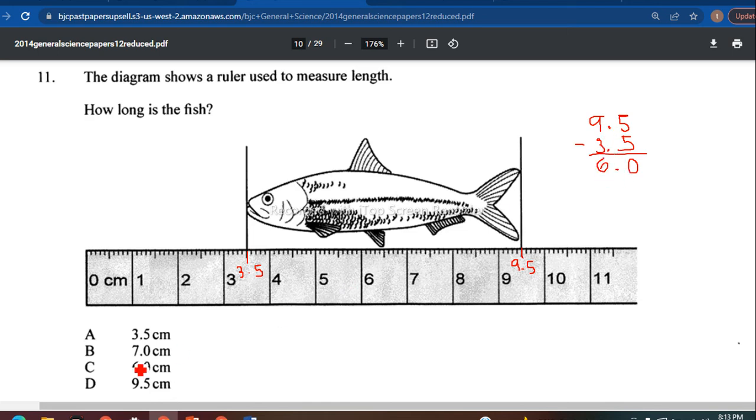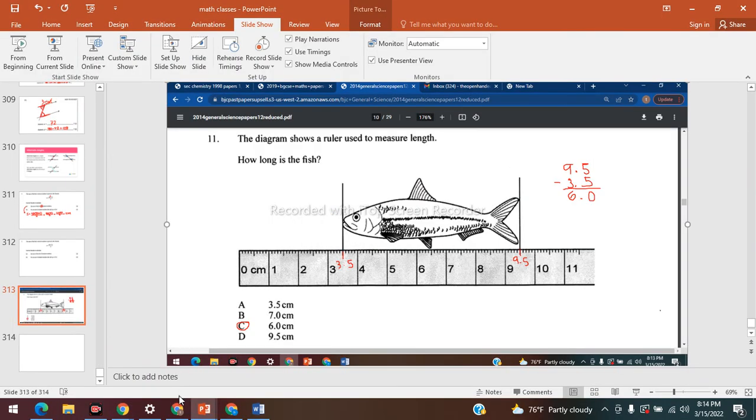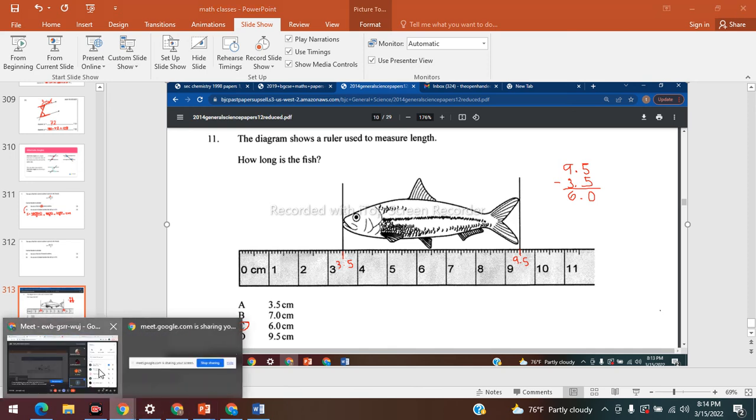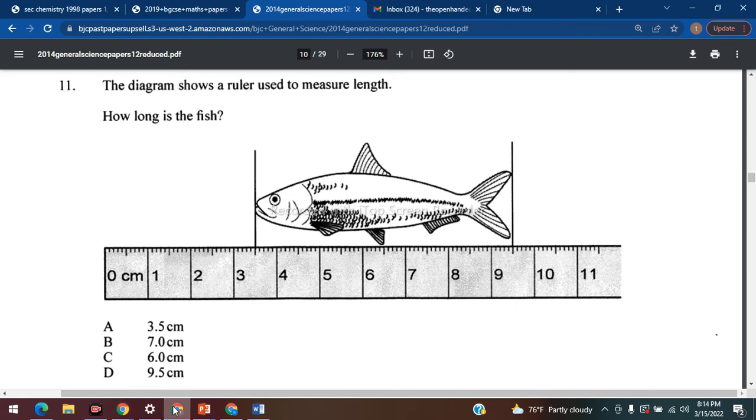And so we're dealing with 6 centimeters. Be careful right there. Okay, let's move on.